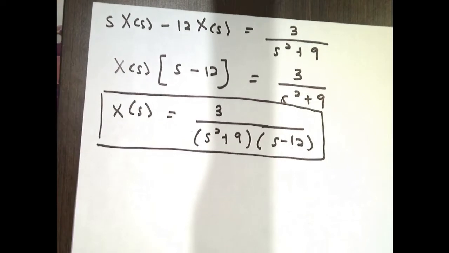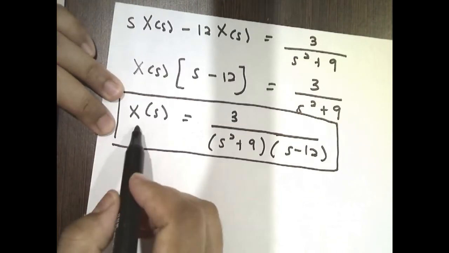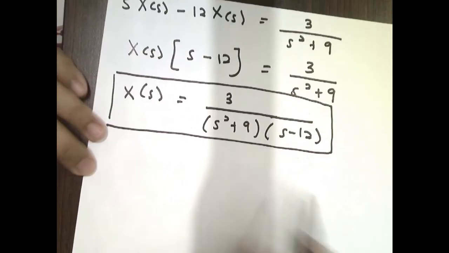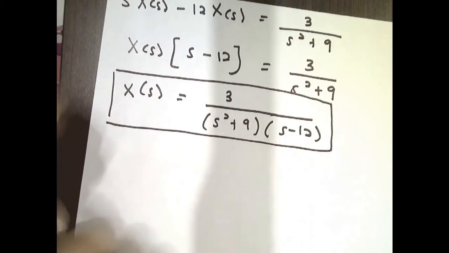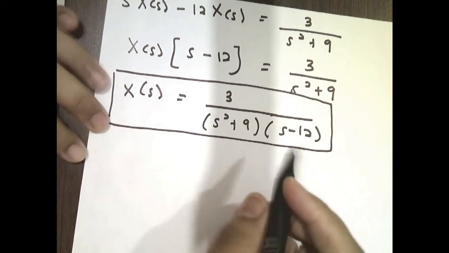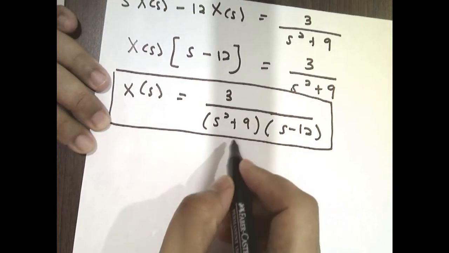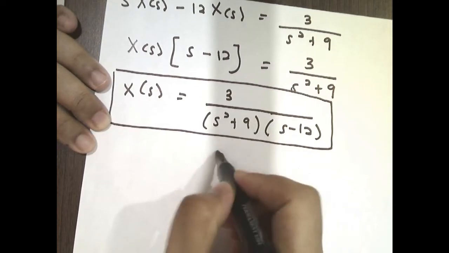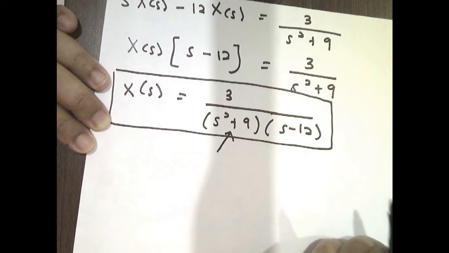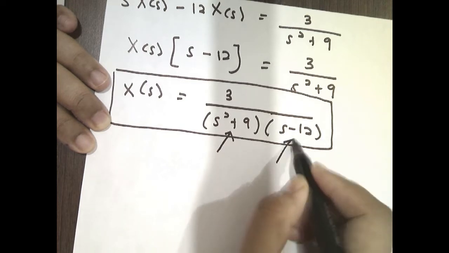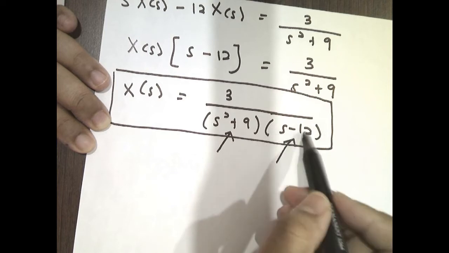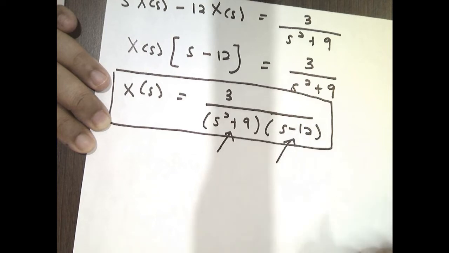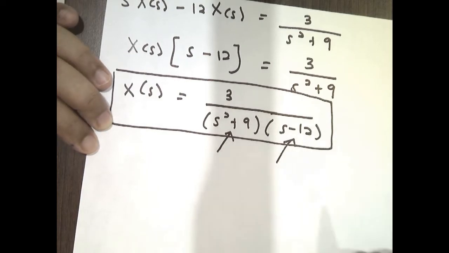So this equation is in the function of X(s). From here you want to transform it into the t function, but before that you need to work on the denominator. We have no problem with s minus 12 because it is just a first-order denominator.